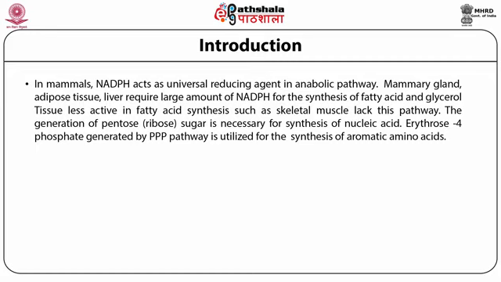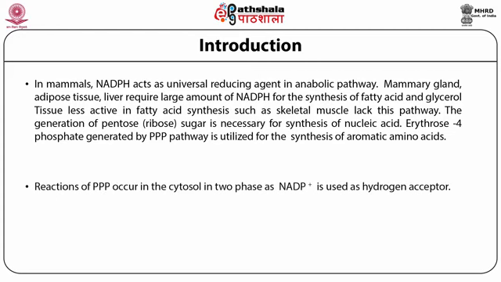Tissues less active in fatty acid synthesis, such as skeletal muscle, lack this pathway. The generation of pentose, that is ribose sugar, is necessary for synthesis of nucleic acid. Erythrose 4-phosphate generated by pentose phosphate pathway is utilized for the synthesis of aromatic amino acids.